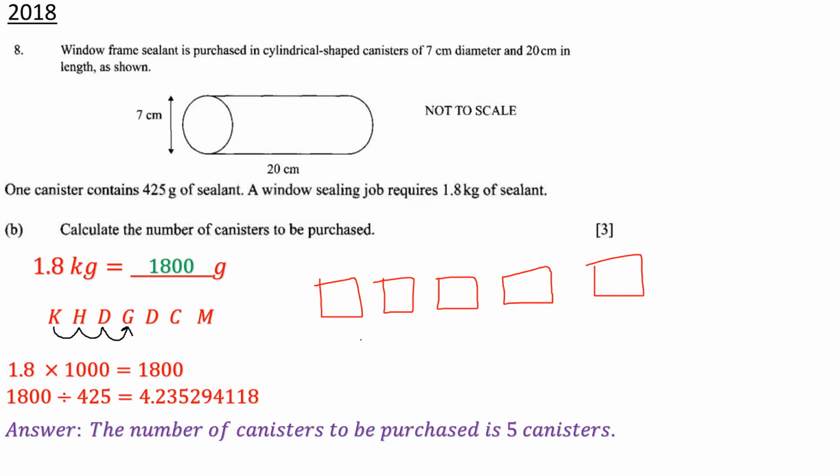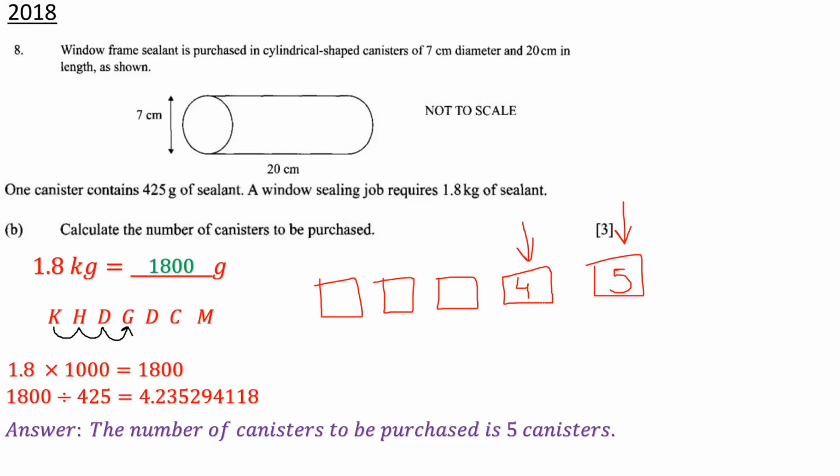And so that means it's either we're gonna get 4 or we're gonna get 5, right? If we say we're gonna get 4, the problem is it's not gonna be enough. So we need to purchase 5 canisters, because if we purchase 4, it's gonna be too little. And if we purchase 5, it's gonna be more than enough to cover all our needs, and leave us with some extra.